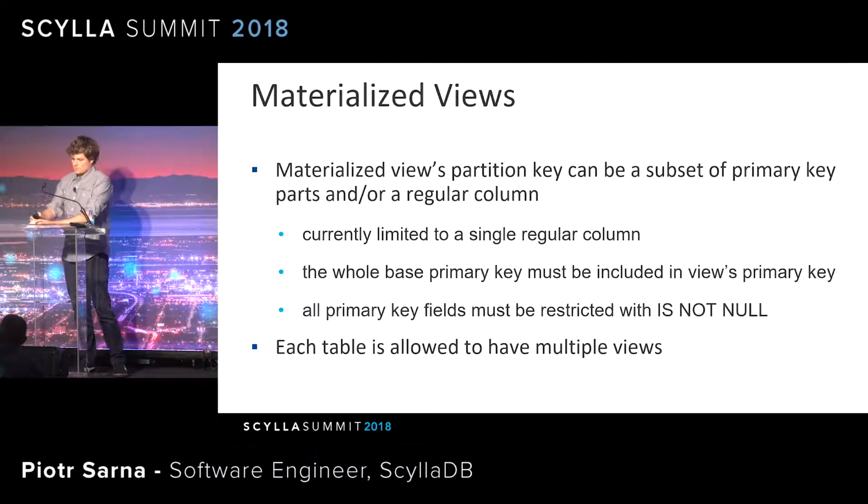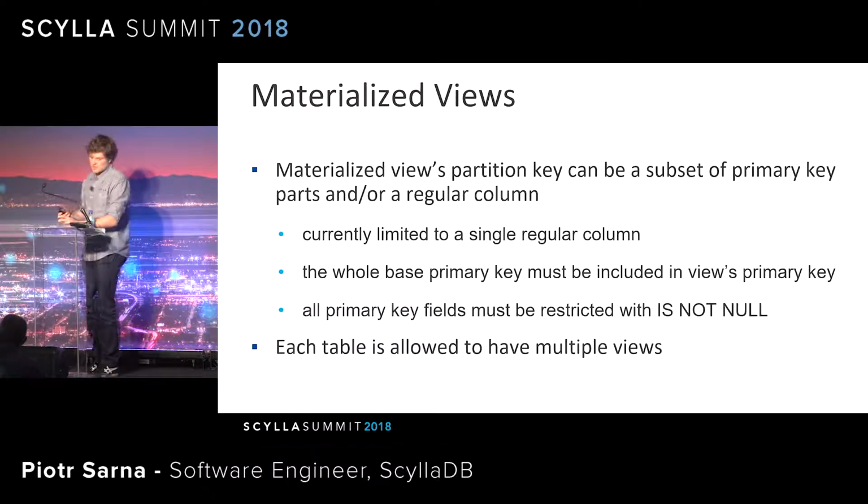All right, so materialized views can be created over a regular table, and its keys can be pretty much whatever you want, but there are some restrictions. First of all, if you want to use a regular column, you would be limited to one regular column in the primary key of a materialized view.